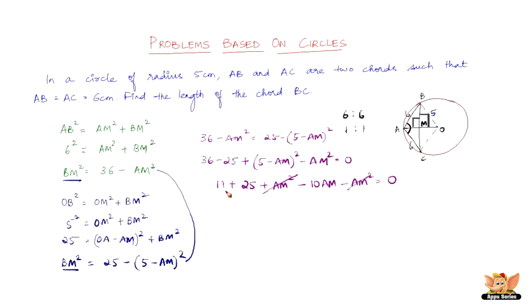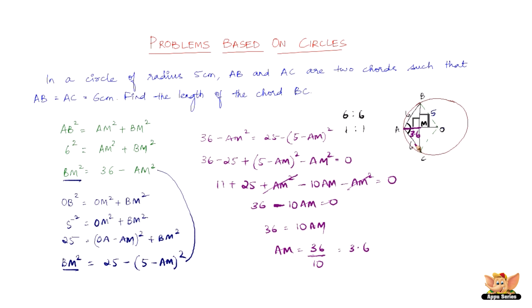All we have left is 11 plus 25, which is 36. So 36 minus 10 AM equals 0, or 36 equals 10 AM, or AM equals 36 divided by 10, which is 3.6. So we've got AM as 3.6.